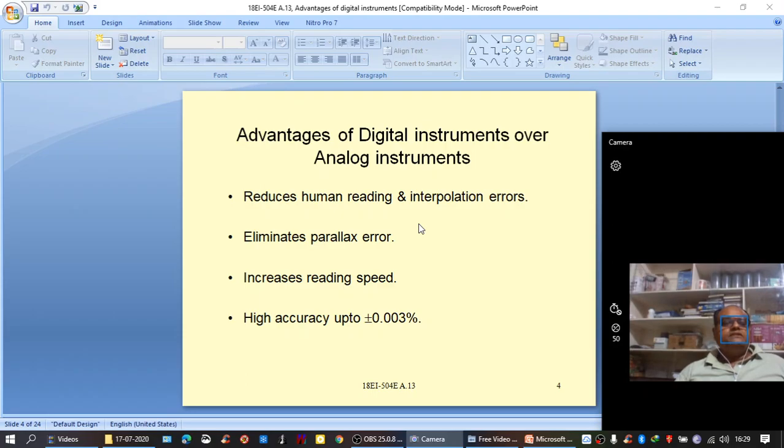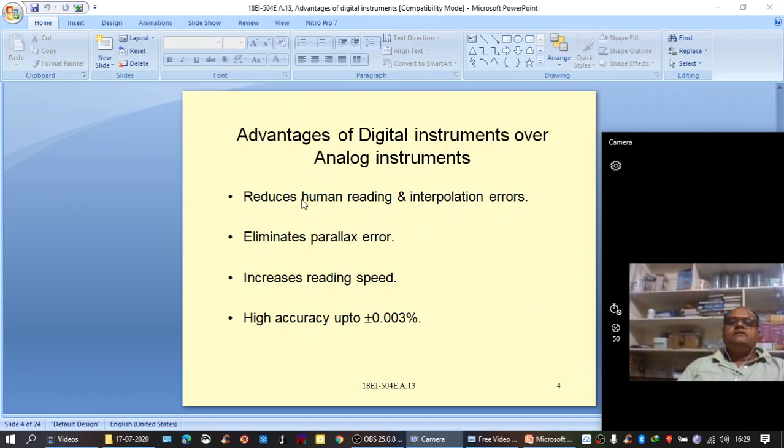We cannot judge because the space between two subdivisions is very narrow, corresponding to 0.2 milliamperes, and within that small space we cannot judge what exactly the pointer reading is. That is called interpolation.